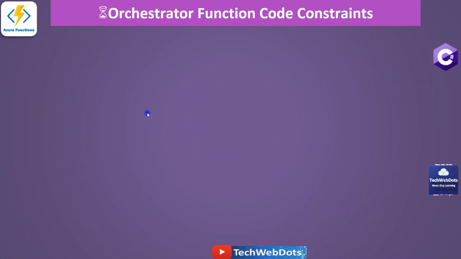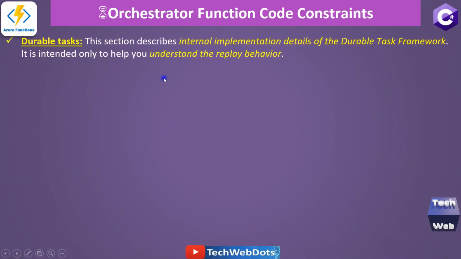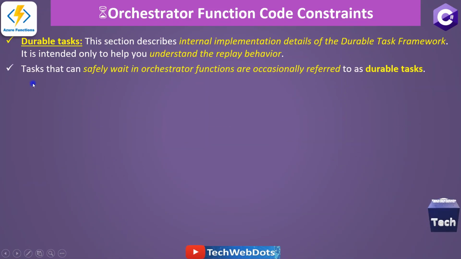Okay, now the last one, and it is a very important one: durable tasks. This section describes internal implementation details of the durable task framework, which is used in every durable function. It is intended to help you understand the replay behavior, which is very important.